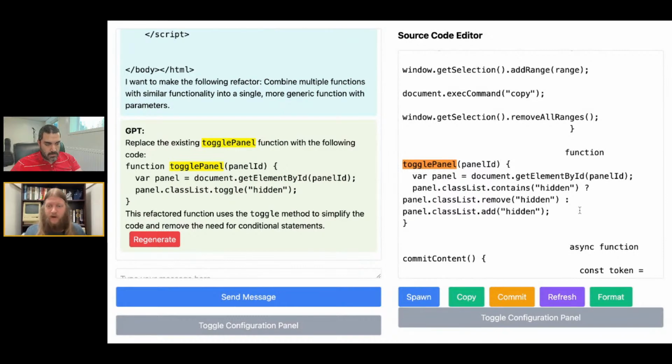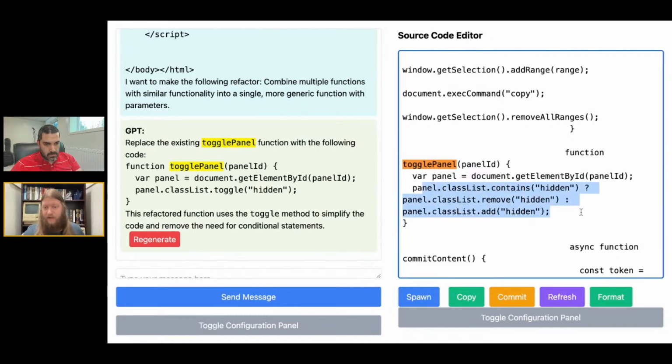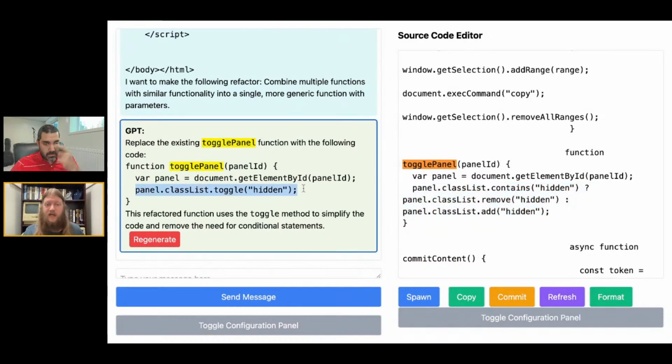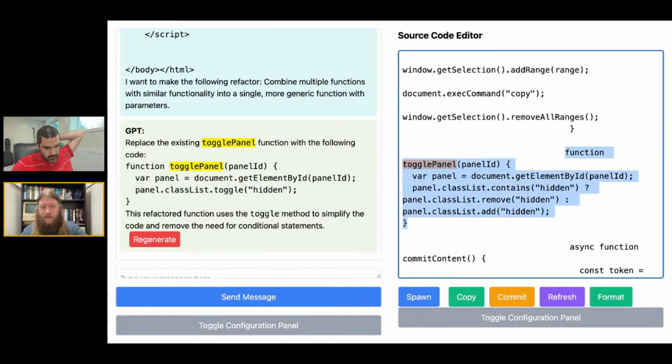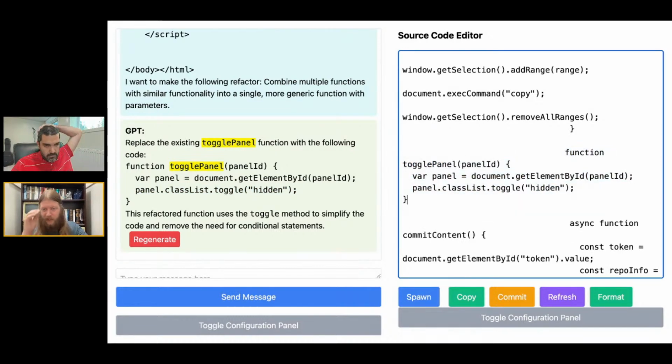So it combined them into one, and then it gave the ternary operator, and now it's simplifying it even more to just say toggle the class list of hidden. So each step has gotten us down from probably 20 lines of code to now 3. It's pretty good. Not bad for a Monday.